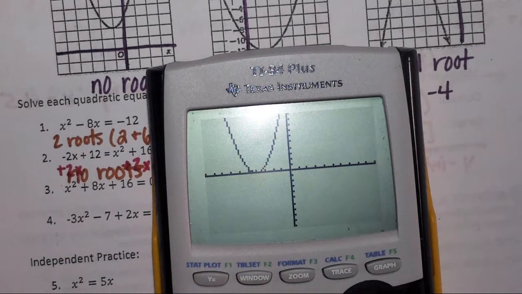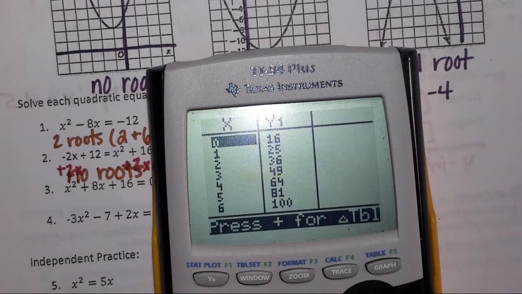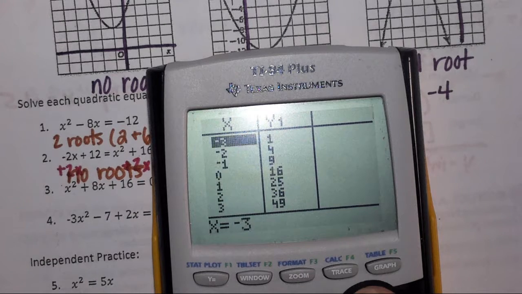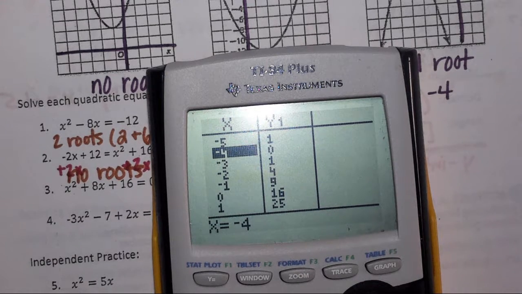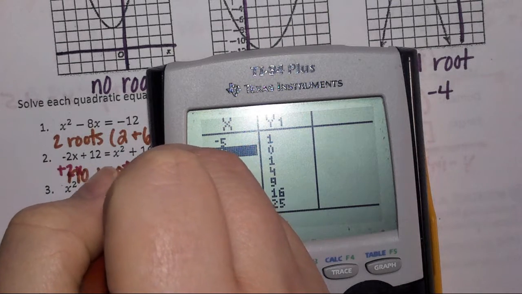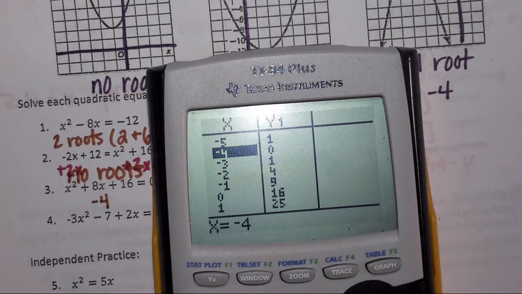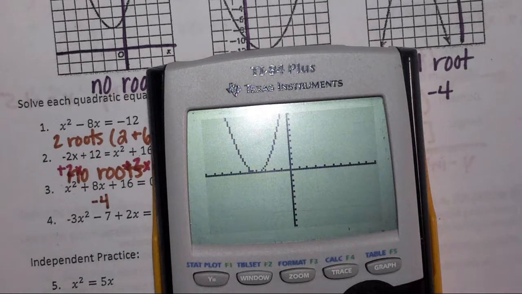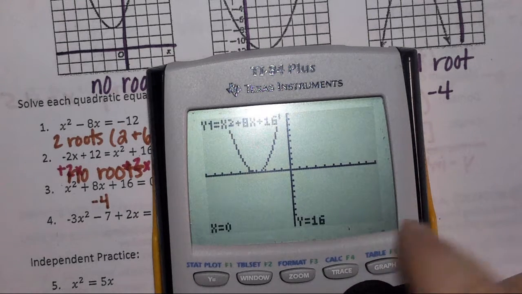So I went to my table, and I was looking, and you're right, at -4 it is -4, 0. So I guess I should have realized it had 1 root at -4 then, but I was still in denial. Yes, dear? It looks like it, when you go down the graph, the table.